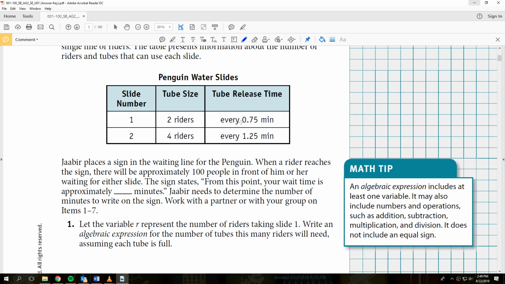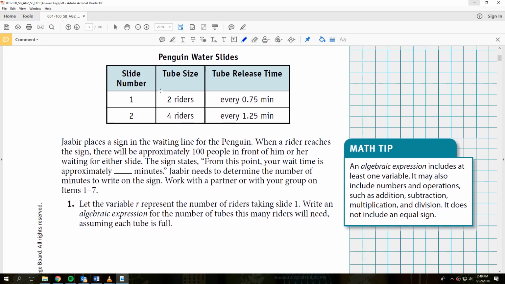It's 0.75 minutes, which is 45 seconds, but we won't need that information. The second slide has four riders every single time, and that one takes 1.25 minutes before the next group of four riders can go down. Okay, so one line, and two slides. One slide can hold two riders, and the other one four riders.